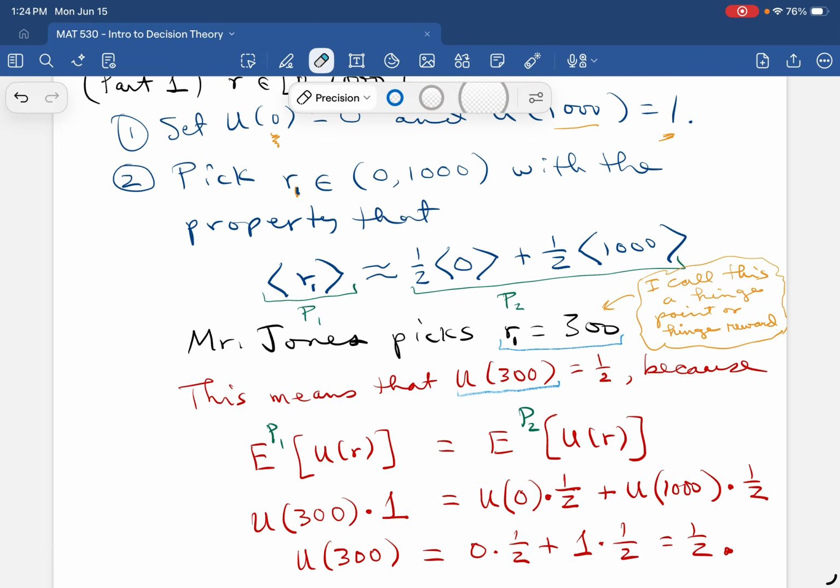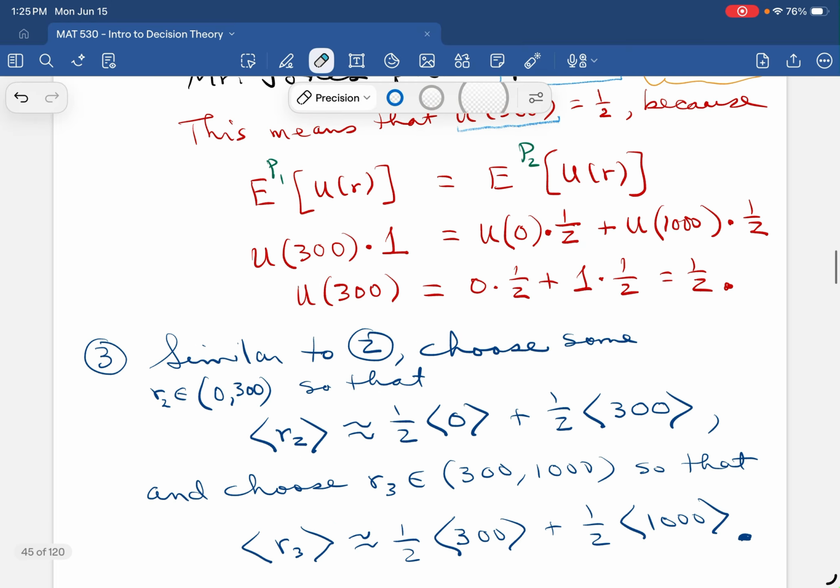So now we've got the utility for 3 points. Let's pick 2 more. First of all, let's pick an R2 between 0 and 300 and ask the same question. What value would Mr. Jones place on this gamble of winning $300 with probability 1/2?